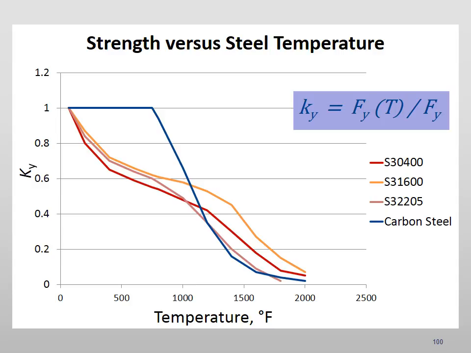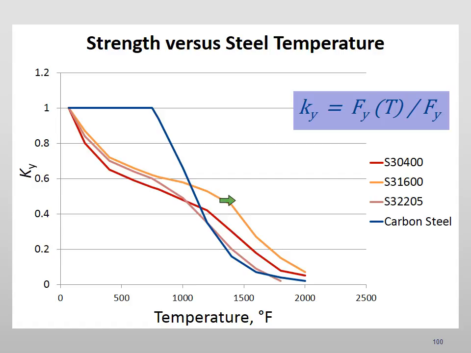This graph compares the strength as it degrades with temperature for the austenitic, duplex and carbon steel. So this blue line is carbon steel, retains its strength right up to temperatures of approaching 1000 degrees Fahrenheit, and then it drops quite rapidly.